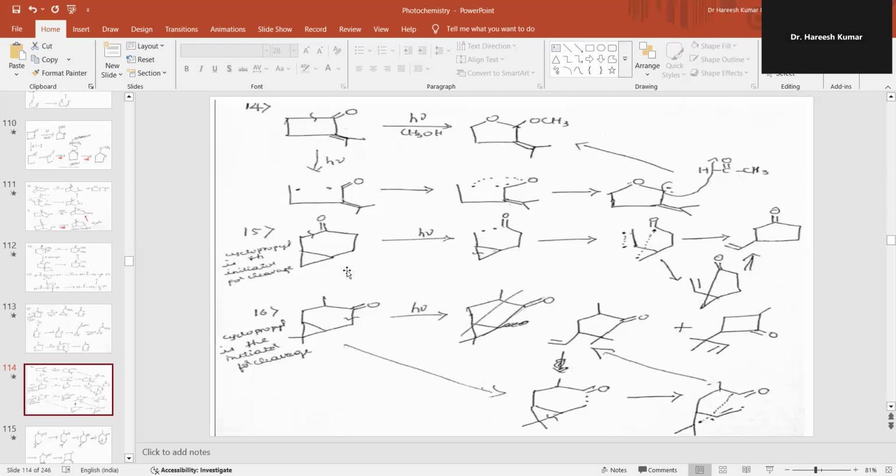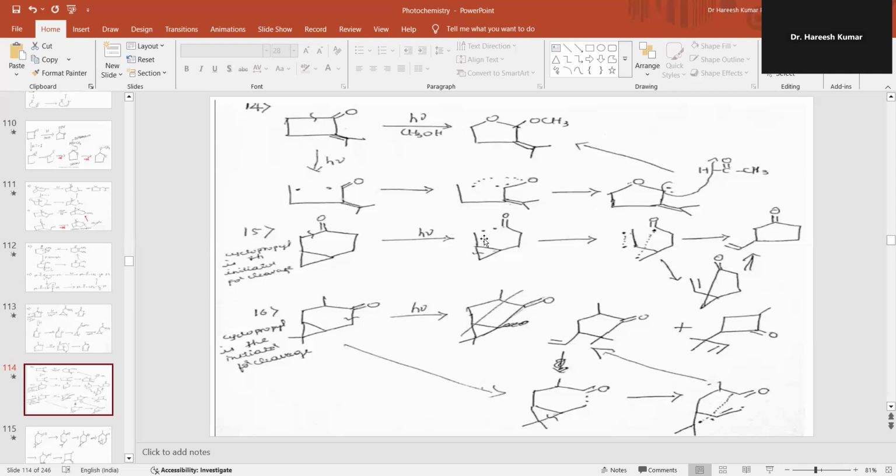So I'm taking one more example. This is again an unsymmetrical ketone, and the more substituted alpha carbon will be cleaved, forming a carbon radical and an acyl radical. Then, you know that a three-membered strained moiety, that's the reason for the homolytic bond cleavage.